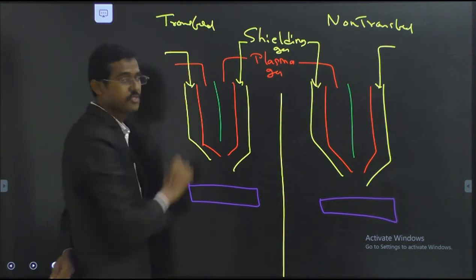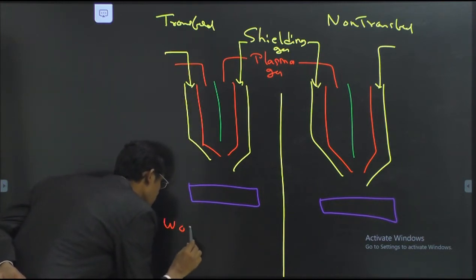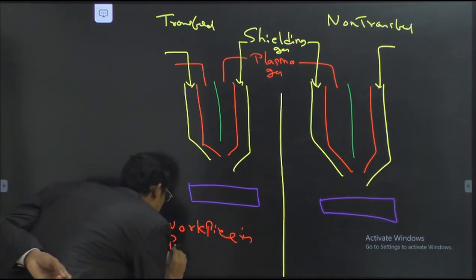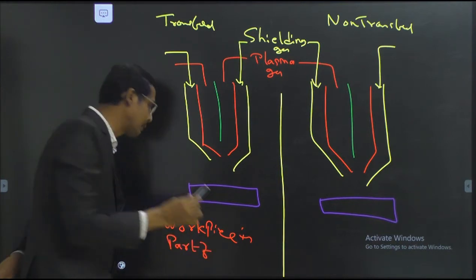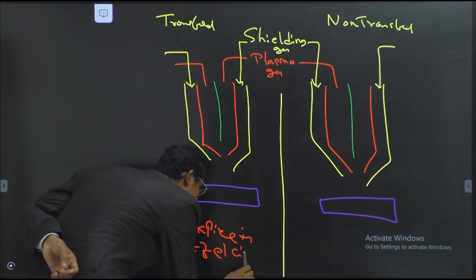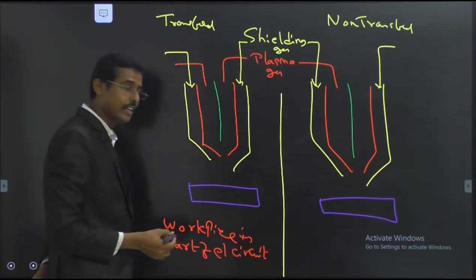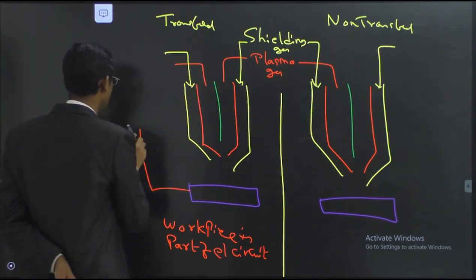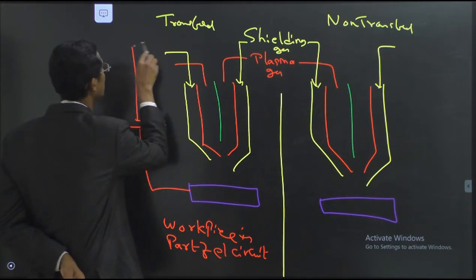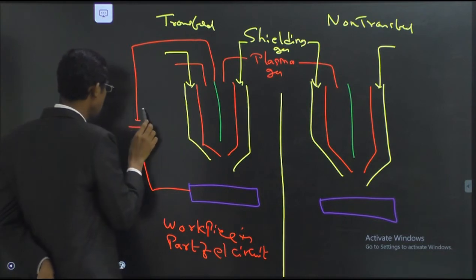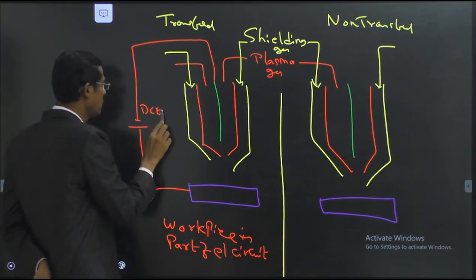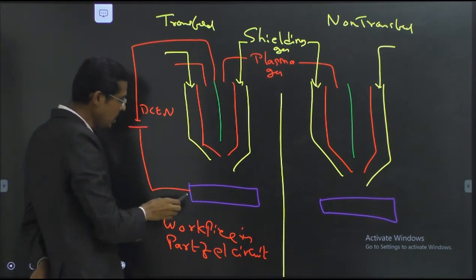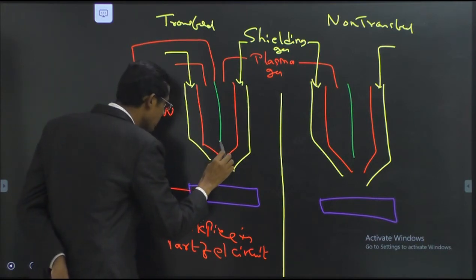In the transferred arc, the workpiece is part of the electrical circuit. I connect it like this: DC, direct current, electrode negative is given to the non-consumable electrode, and positive is connected to the workpiece. The arc is generated here.